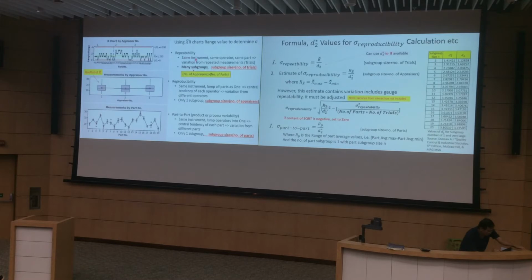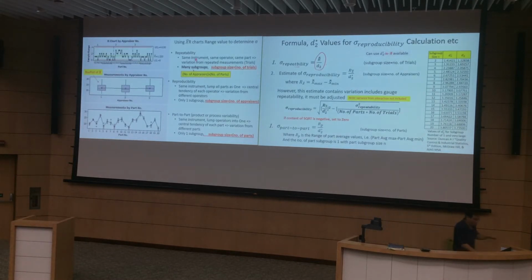The repeatability sigma is this guy over D2. Our D2, because now we have 60 samples: operator 1, 20 samples; operator 2, 20 samples; operator 3, 20 samples. So it's 60 samples, so the number is very big. So we use D2.